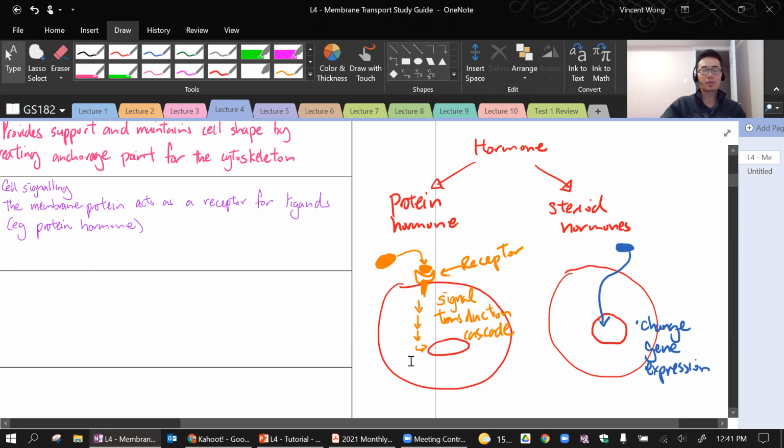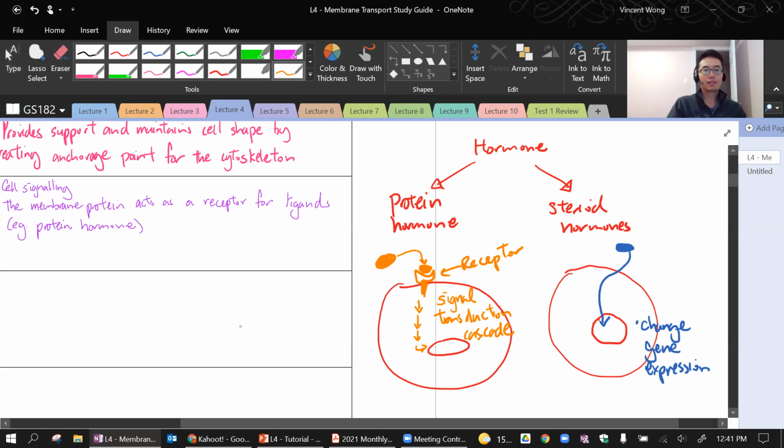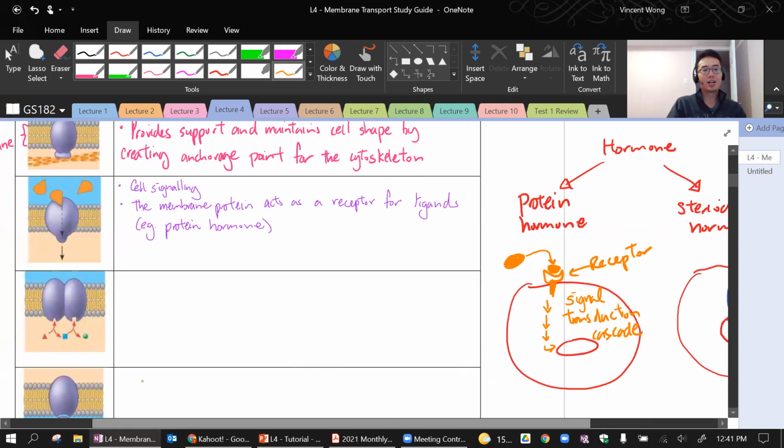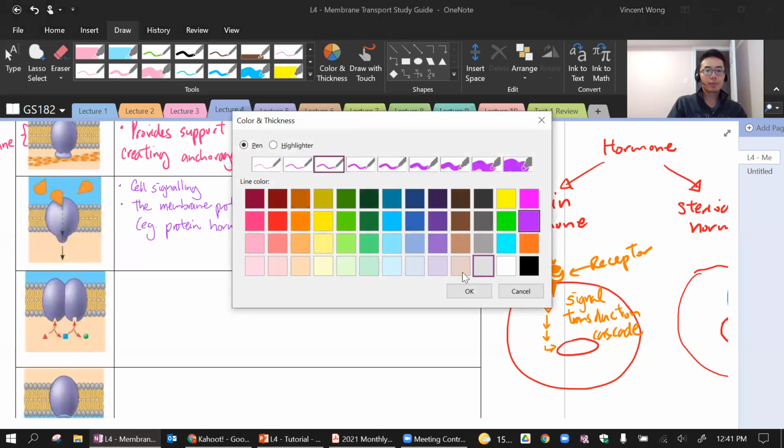Does that make sense? Are we together on this? Why are we even talking about this? Well, we're talking about this because of cell signaling. So this receptor here, that is the membrane protein. Let me write that down for you. If I can find my color.